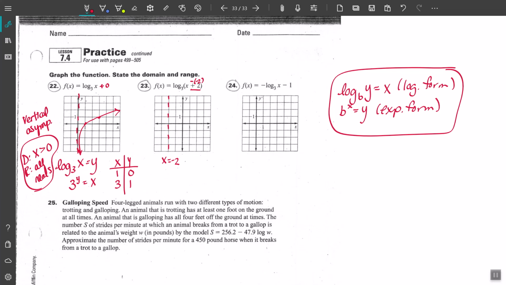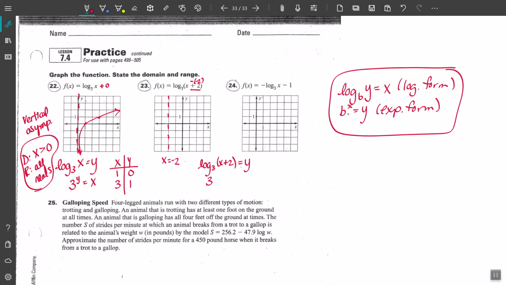We need to rewrite this into exponential form. So I'm going to write it down here. I'm going to make it equal to y instead of f of x, and I'm putting that y on the other side just so that it matches our logarithmic pattern right here. All right, so my base is 3.